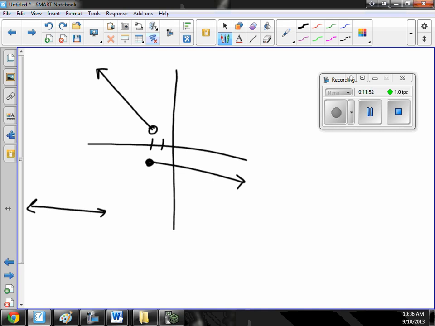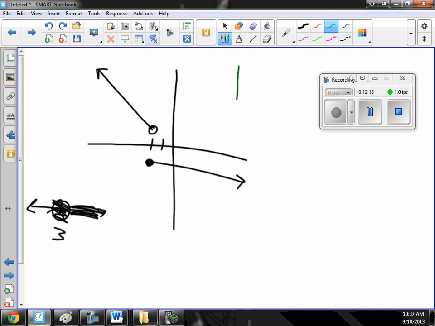And you did inequalities and you had this? What does this mean? Everything bigger than 3. Does 3 count? Now, how do I include 3? If I filled it in, then it would include 3. Okay?